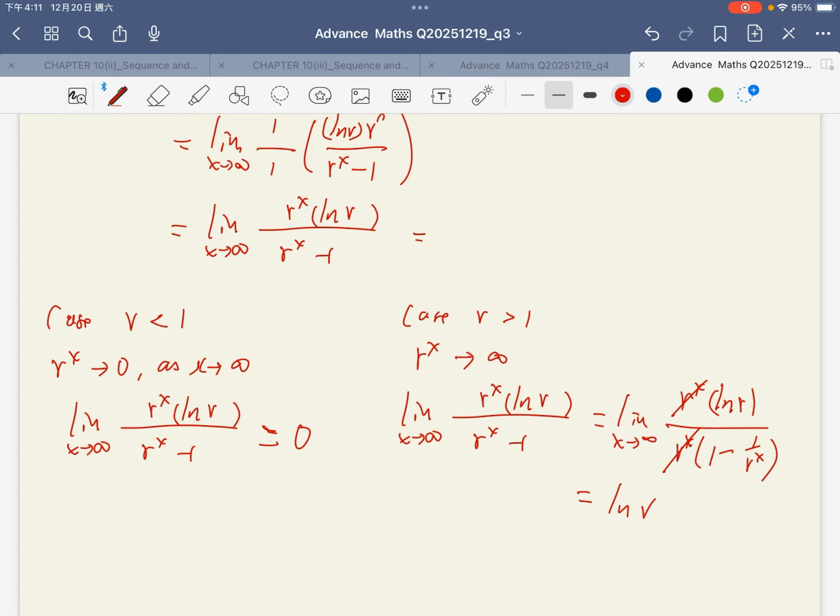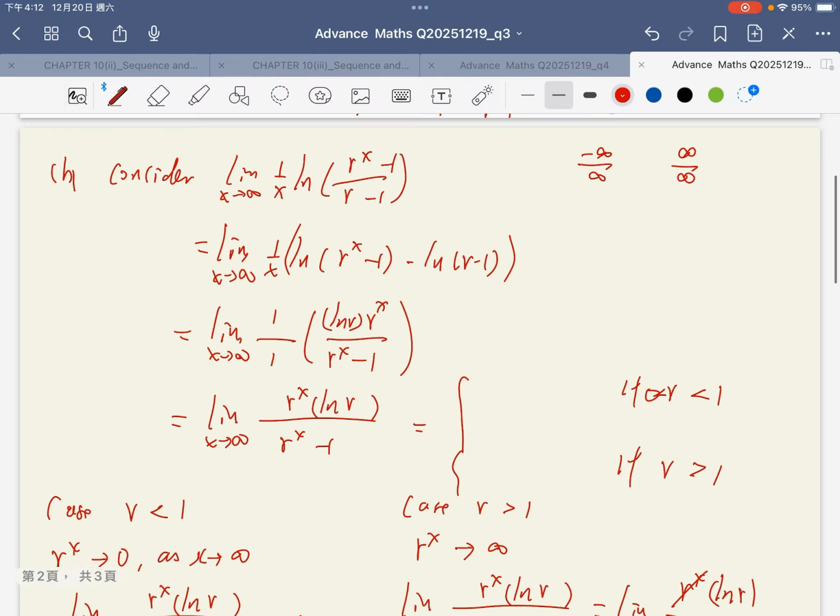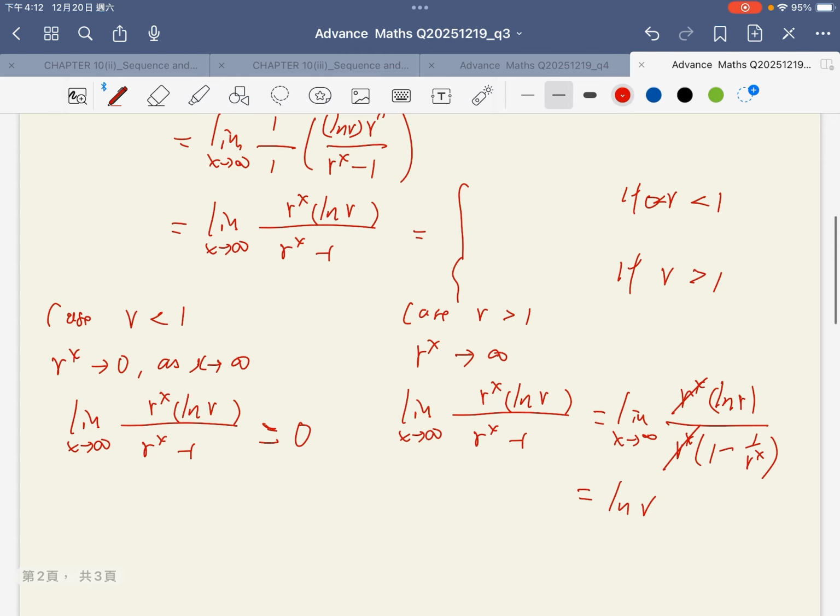Finally, we have two cases: r less than 1 and r greater than 1. This is 0, this is natural log r, sorry.